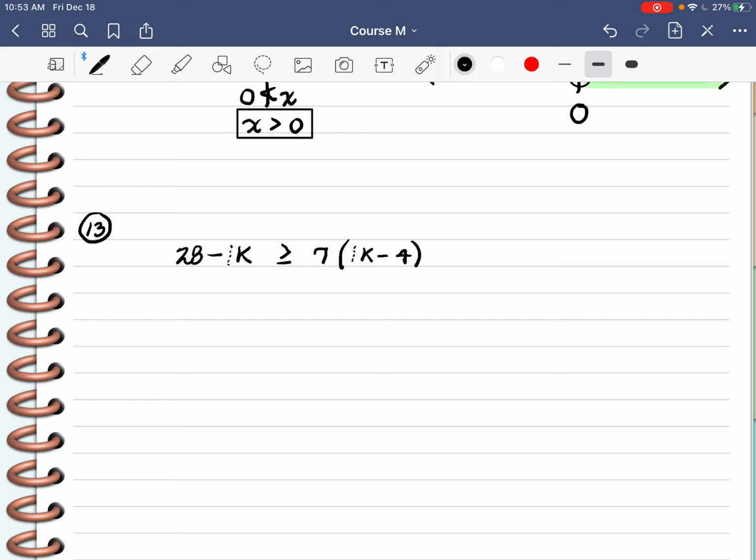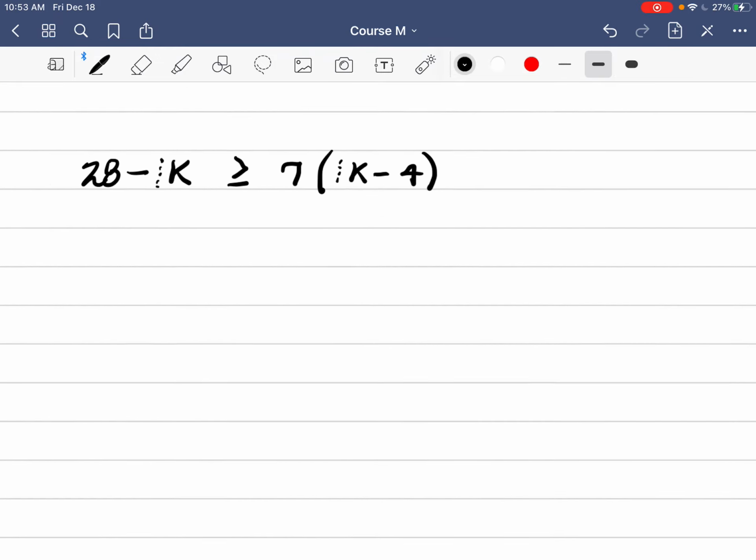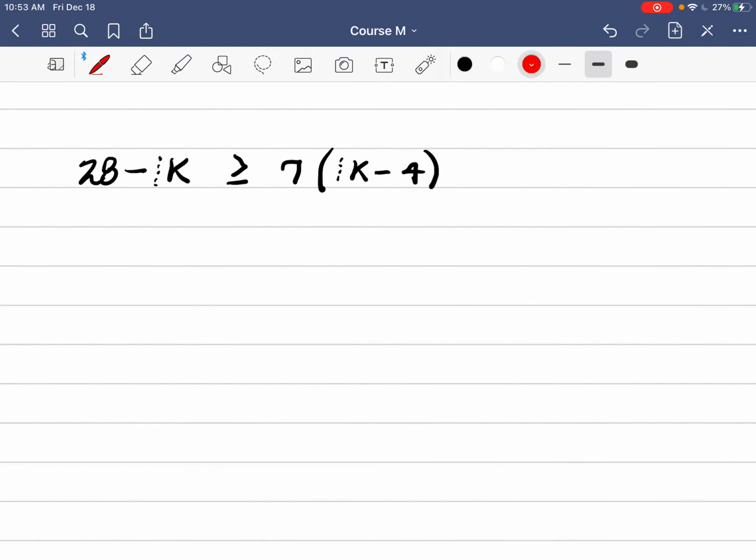Some people don't like the ghost, so it's entirely up to you. If you don't want it there, don't put it there. We have parentheses to get rid of. So 7 times 1k is 7k. 7 times negative 4 is negative 28. And then we copy.